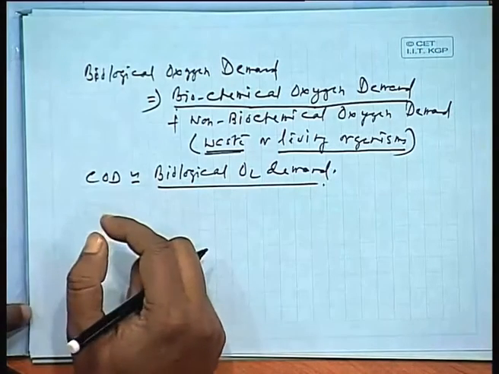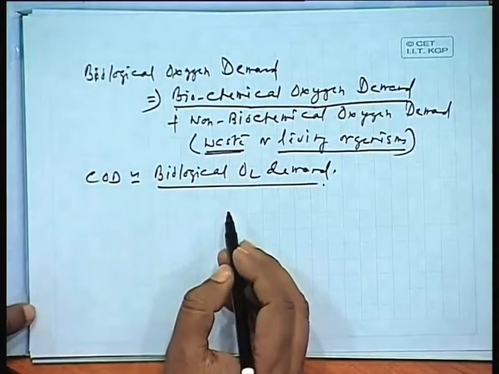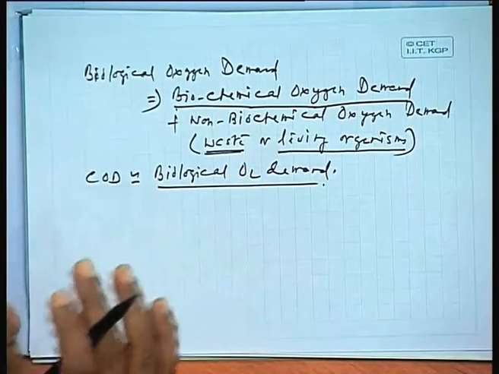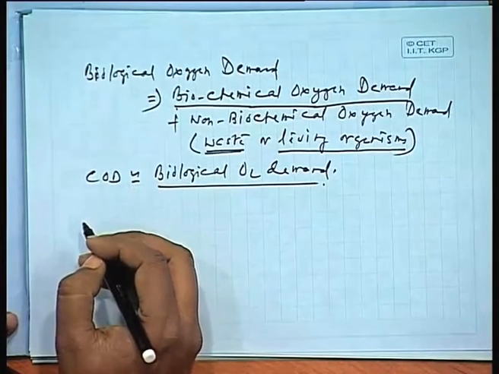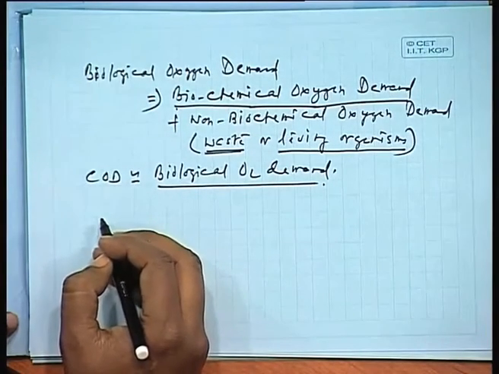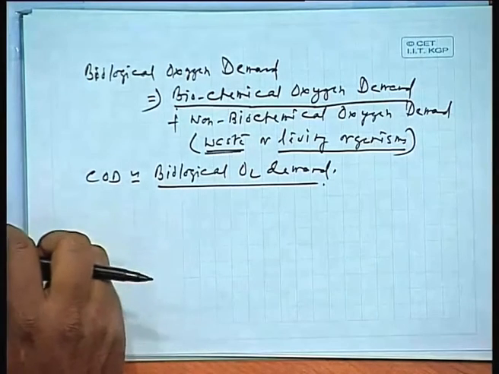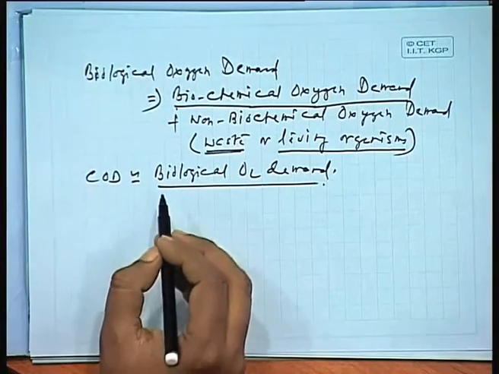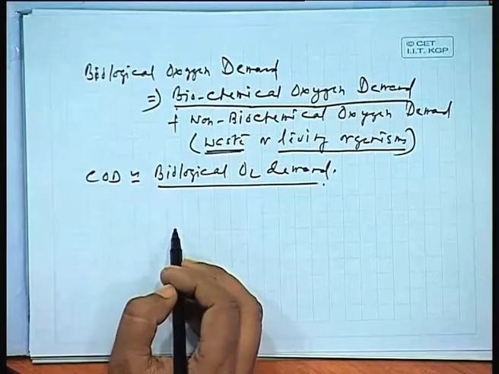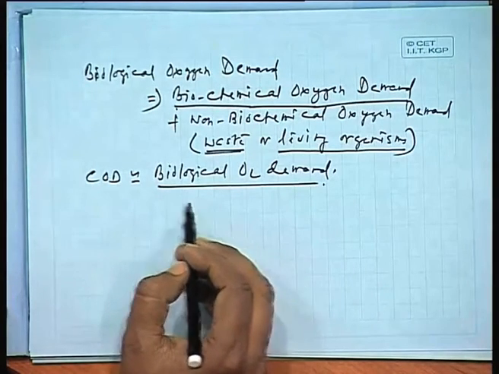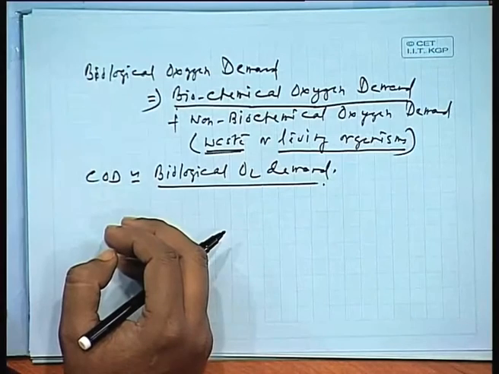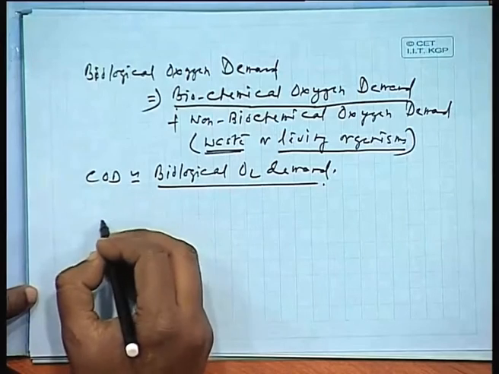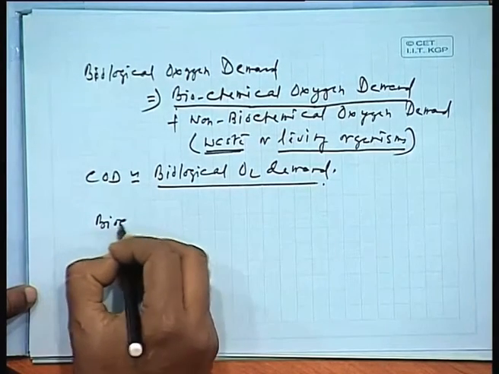Once we make a distinction like this, you can see that most of the substances of biochemical origin and also of biological origin can be easily decomposed into other hydrocarbons.